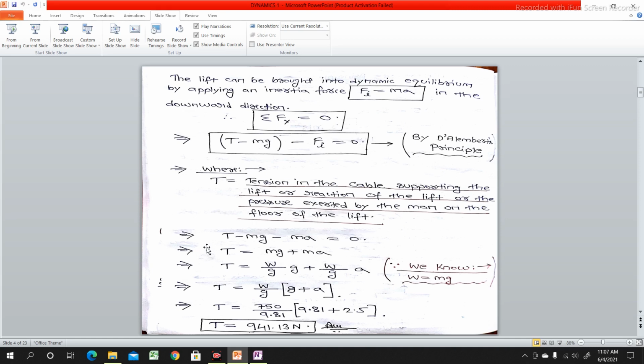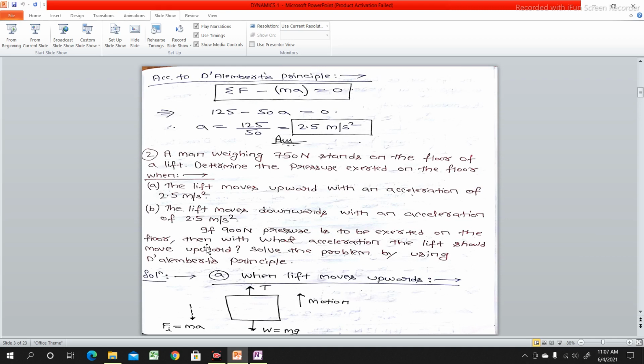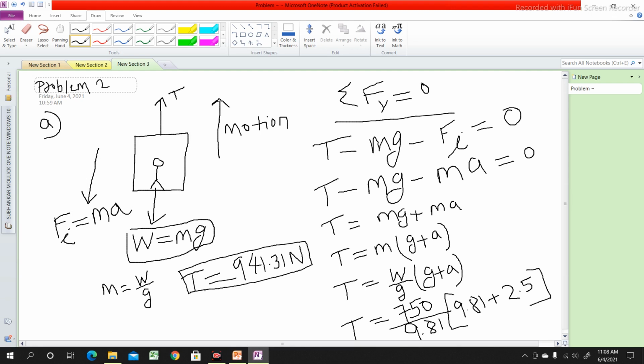In the second part, you again need to find out the pressure or the force that the man exerts on the floor when the lift moves downward with an acceleration of 2.5 meter per second square. This time, in the second case, the lift is moving vertically downward. Remaining all the things are same. We need to find out tension T. So let us solve it.